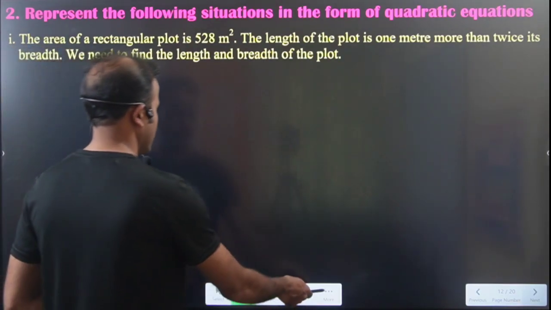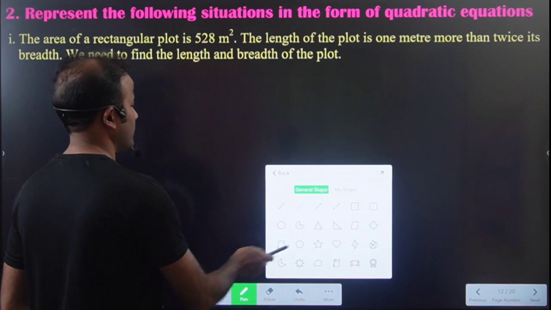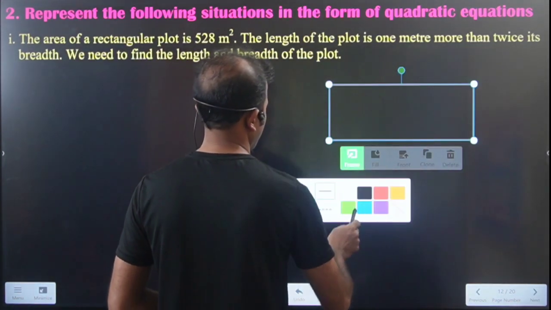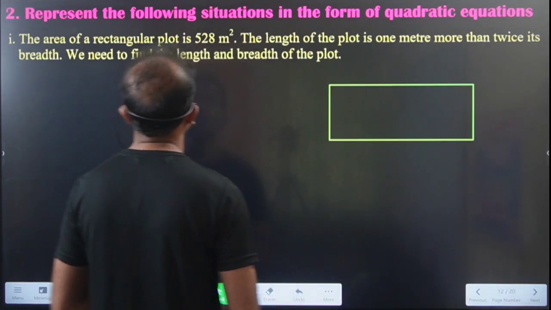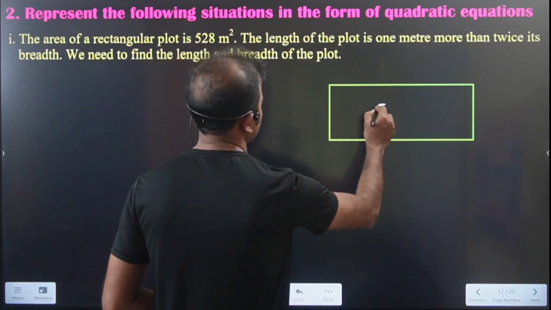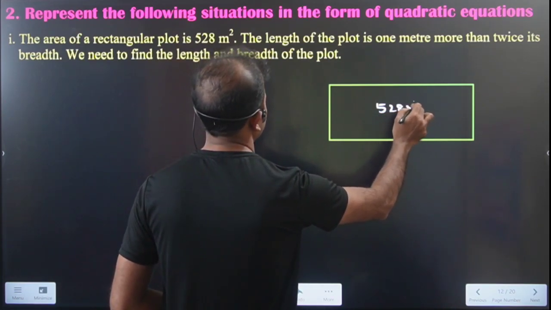Okay, so what is the rectangular plot? Okay, this is the rectangular plot, and the area of the rectangular plot is how much they given? That is 528 meters square, right?